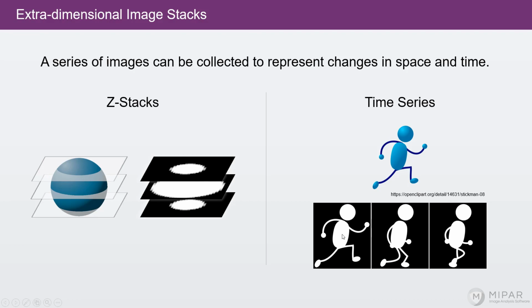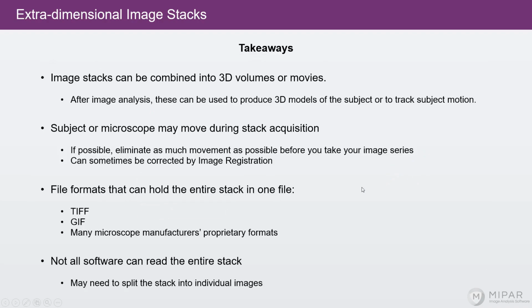And you need to make sure that as particles are moving, you have enough time resolution to be able to track individual particles and not have large jumps that would cause you to confuse one particle with another between different images. So you need to be careful to make sure that you sample often enough.